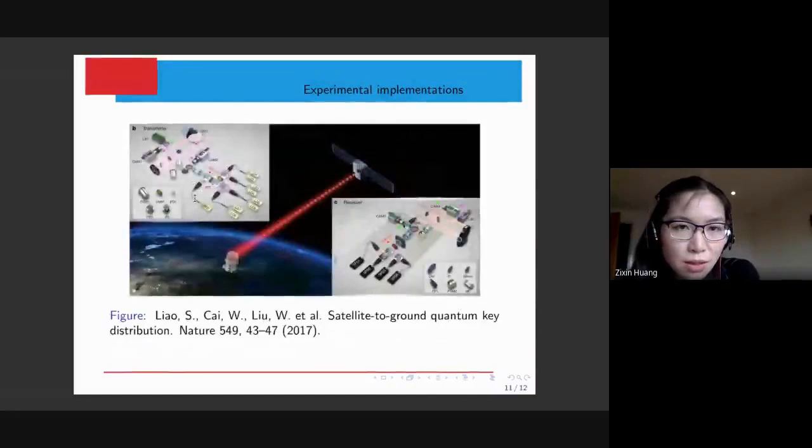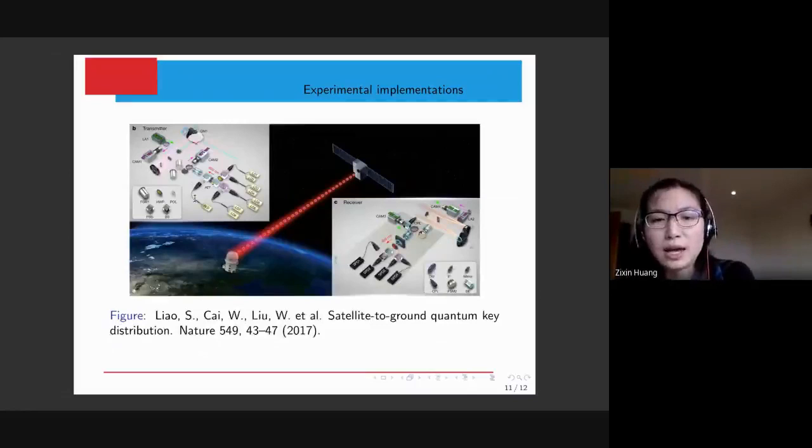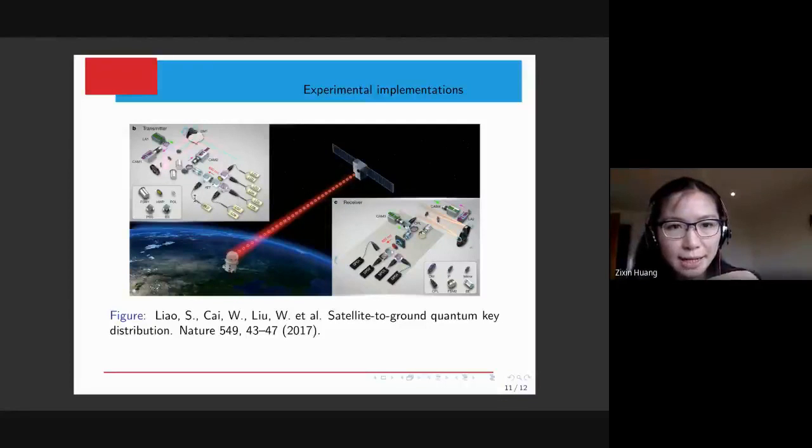The modern protocol actually changed quite dramatically after they figured out that you don't necessarily need a single photon. You can just use a very weak laser pulse. You probably haven't encountered quadratures before, like when we talk about X and P in a harmonic oscillator.